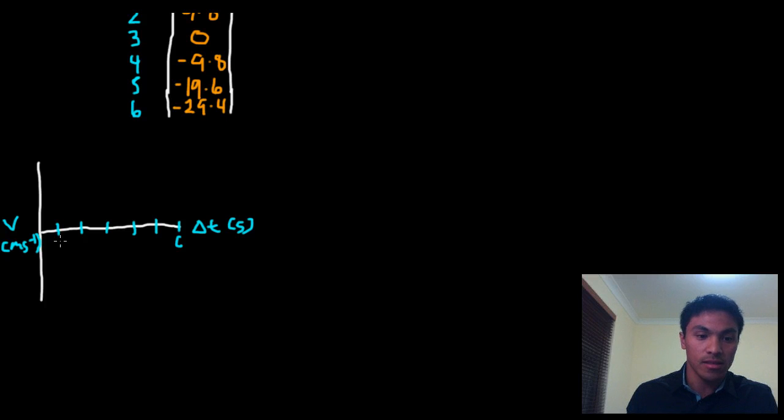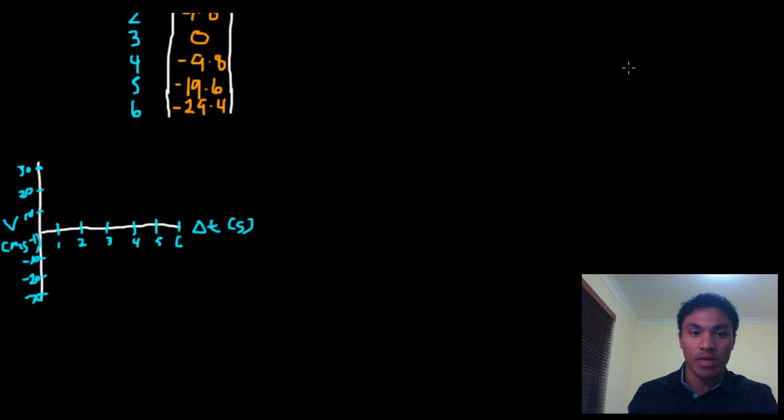On the velocity axis, that's 30, 20, 10 meters per second, negative 10, negative 20, negative 30.